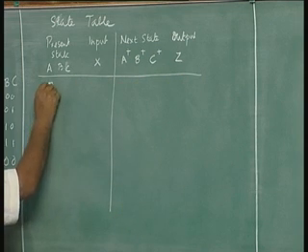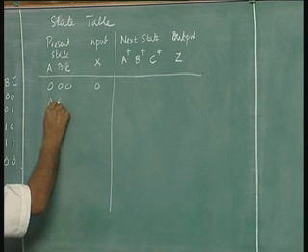From S0, X can be 0, X can be 1, is it not?